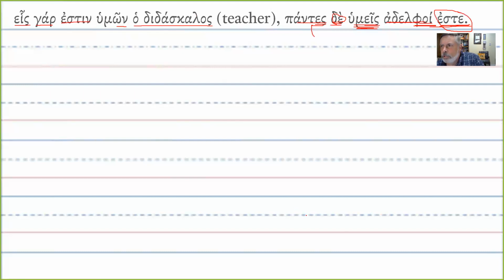So this is what we're looking at. There we go. This pantes is an adjective, and I believe it's modifying humeis. You all, or all of you.